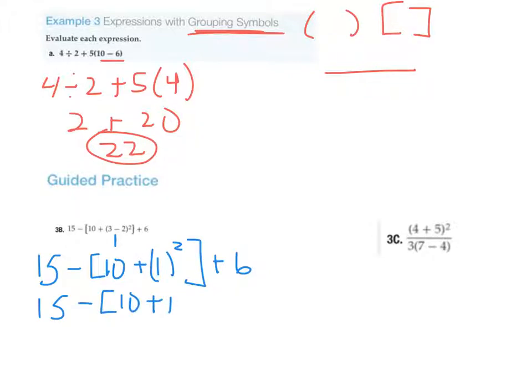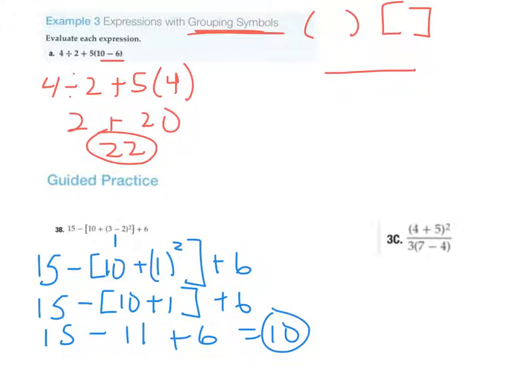Now the parentheses are gone because I've done the exponent. And now I have brackets, which are also grouping, so I have to do inside the brackets next. So it's going to be 11. And once you do the problem inside, the brackets or parentheses disappear. So in this case, the 10 plus 1 gives me 11. We have our minus sign. So 15 minus 11 plus 6 is 10.